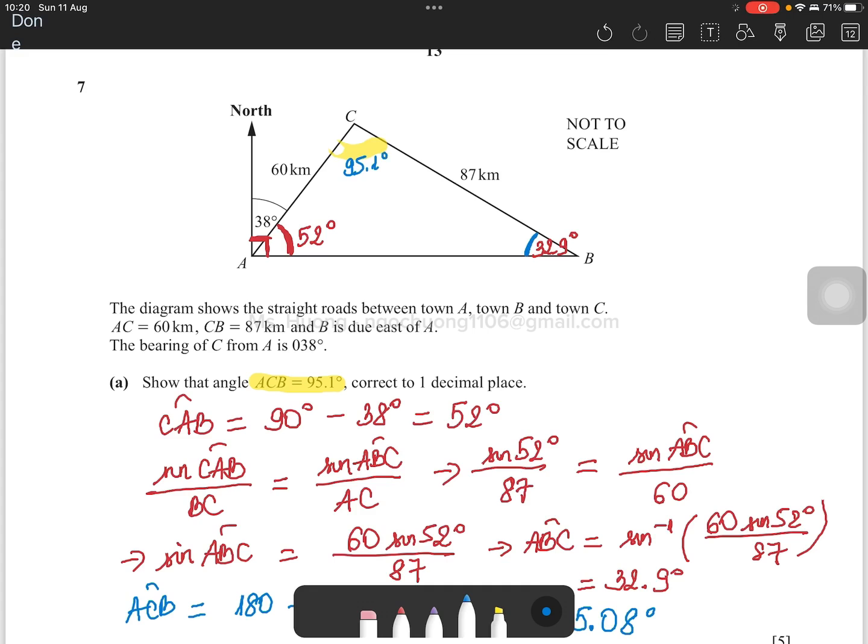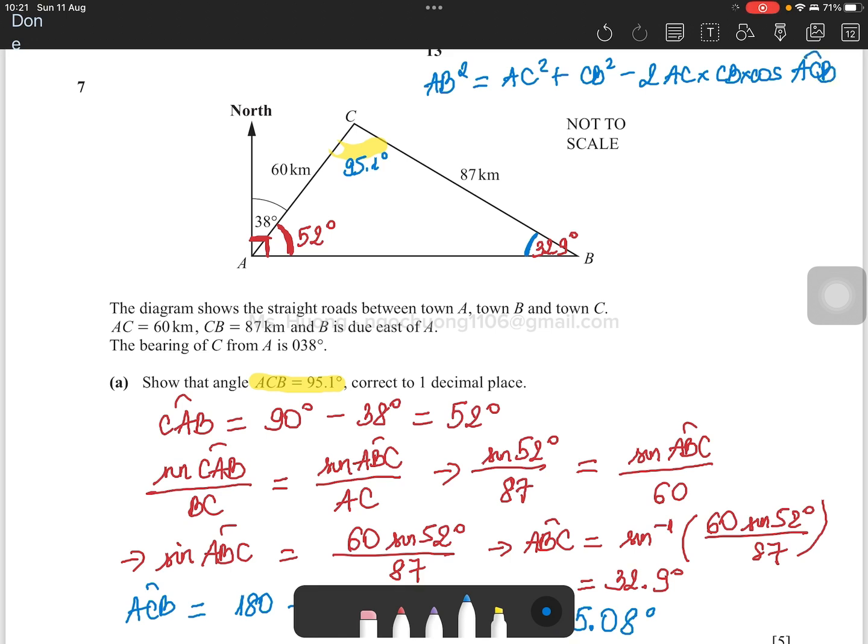So we can apply the cosine rule. The cosine rule says that AB squared is equal to AC squared plus CB squared minus 2 times AC times CB multiplied by cos of the angle ACB.